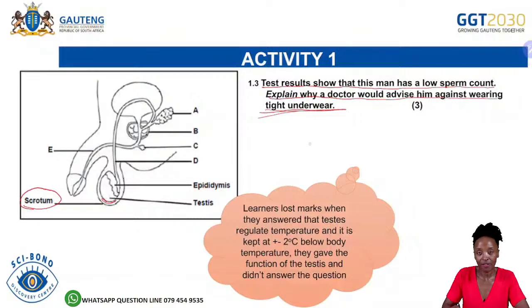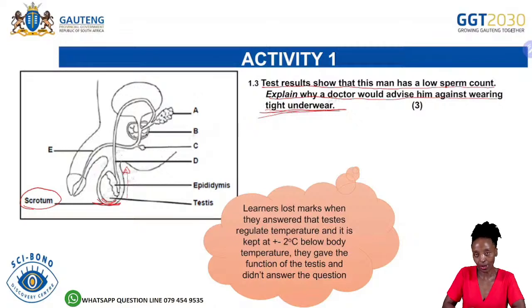Now, if this male wears tight underwear, the scrotum will be pushed up, so the testes will be so close to the body. This will affect the temperature, because they are pushed up to a temperature of 37, and the 37 will hinder the production of the sperm cells. So that is why the doctors will discourage this man from wearing tight underwear.